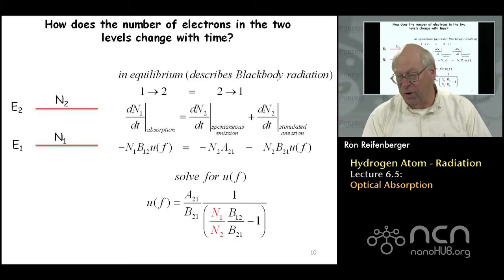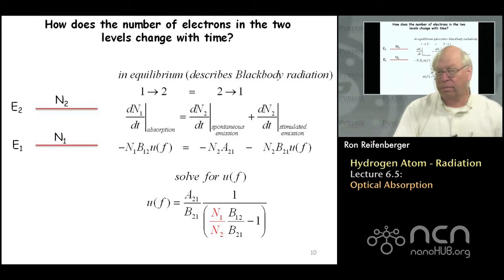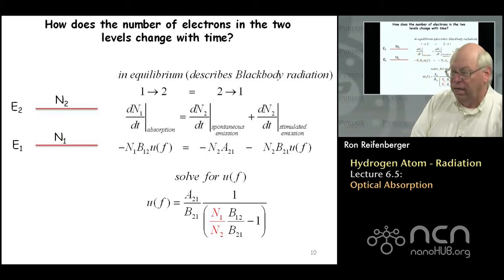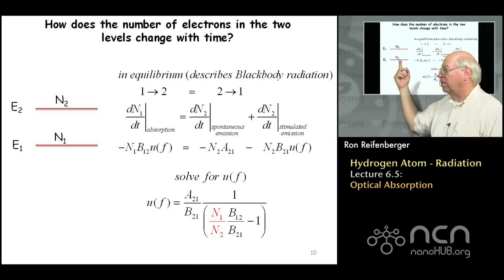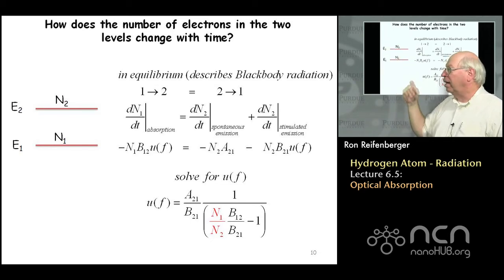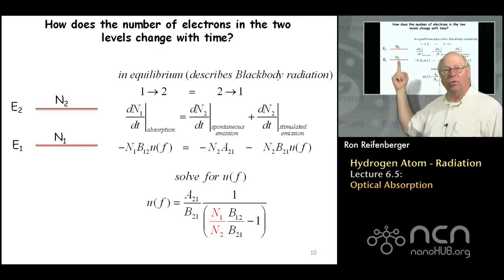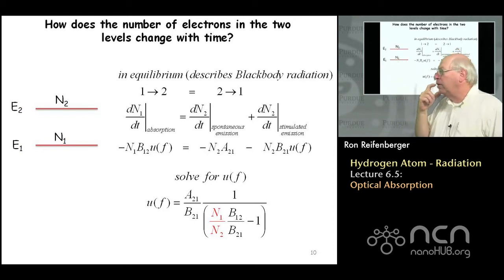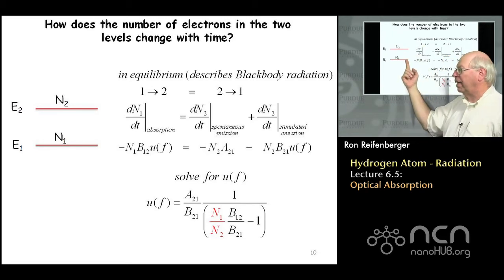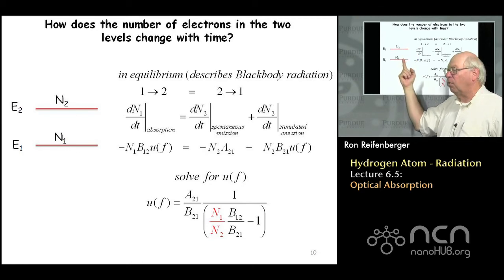And I'd like to try and illustrate that very briefly in the remaining part of the lecture by asking the question, if I have a two-state system with N1 atoms in energy level E1, N2 atoms with energy level E2, what happens to N1 and N2 in equilibrium? Well, in equilibrium, you would expect that the number of atoms that make the transition from 1 to 2 is just equal to the number of atoms that go from 2 to 1, right?